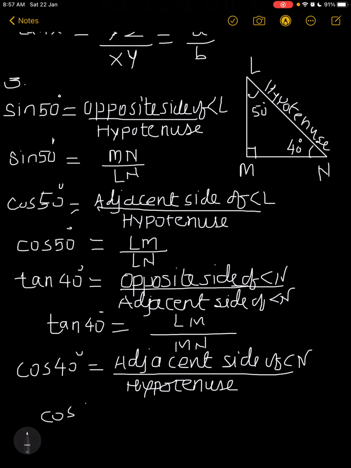So cos 40 degree, the adjacent is MN and the hypotenuse of the given right angle triangle is LN. 4 ratios we have got for question number 3, sin 50, cos 50, tan 40, cos 40.